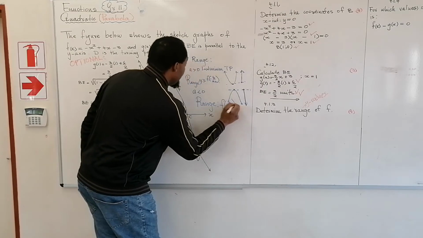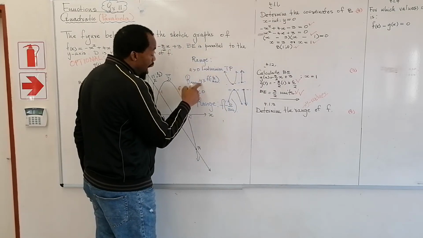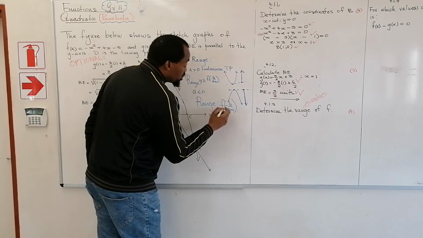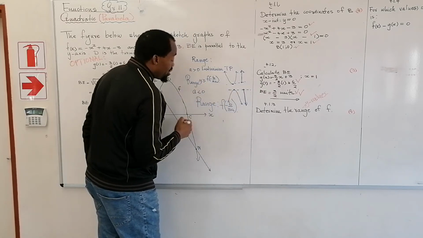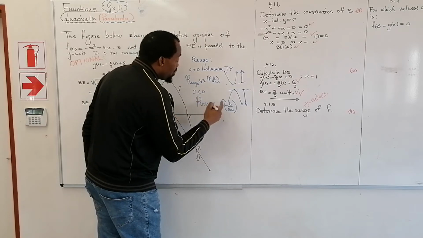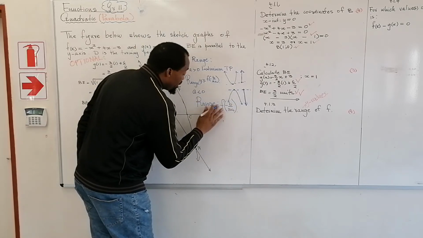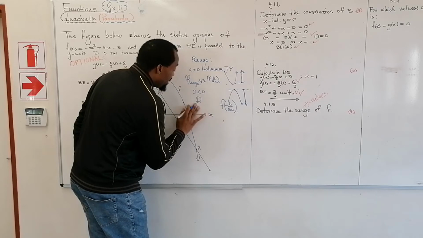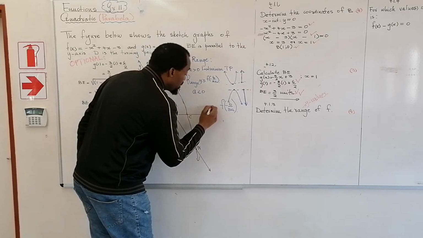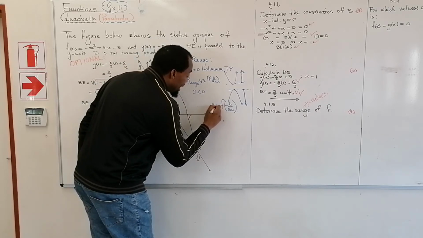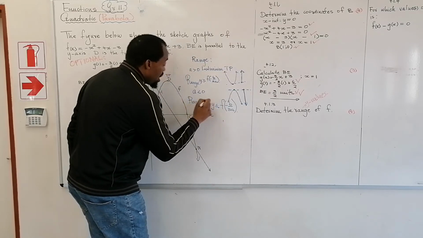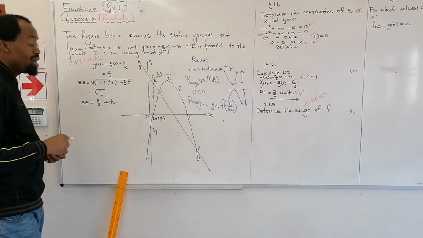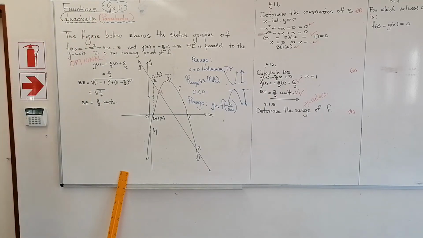In this case, I'm going to say y is less than or equal to, it is my range. y must be smaller than or equal to the value of y of the turning point, minus b divided by 2a.